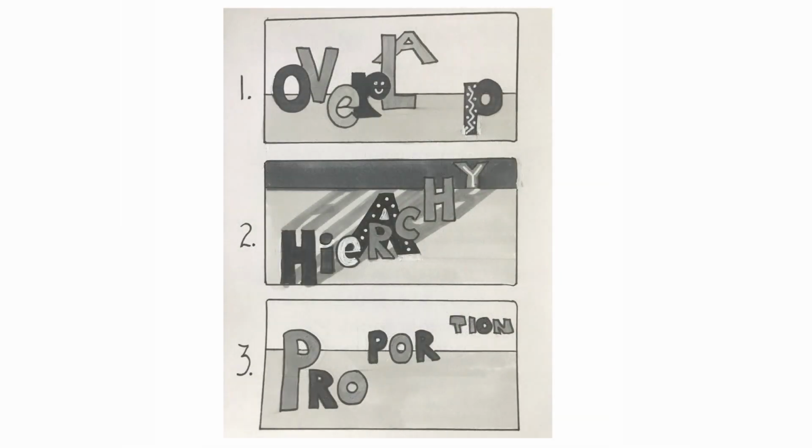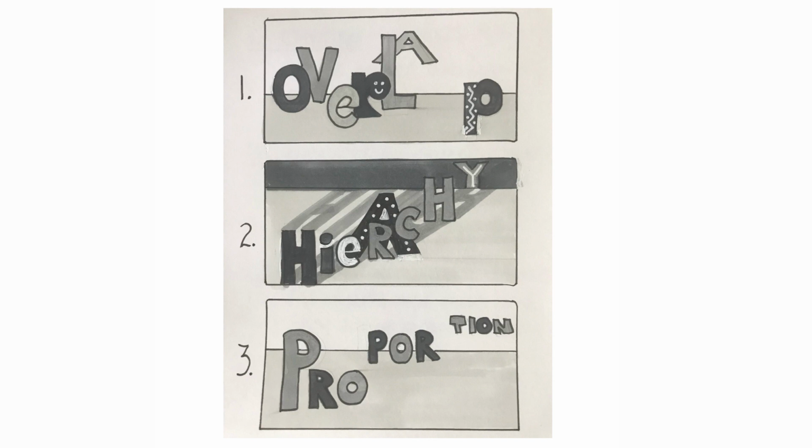But the 3 rules or important parts about the still life are overlap: objects that are in front appear closer to the viewer, and objects behind appear farther from the viewer. And the magic of overlap gives us that power to make things look behind and in front.